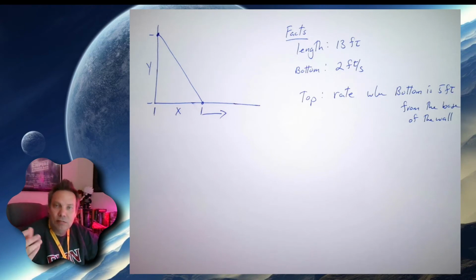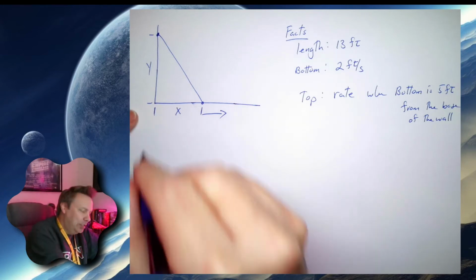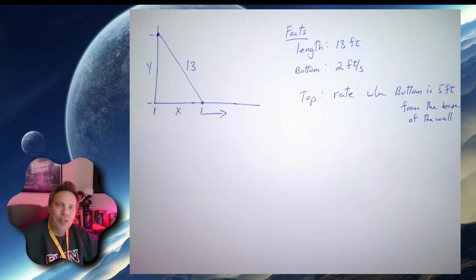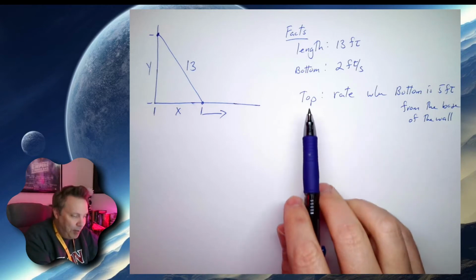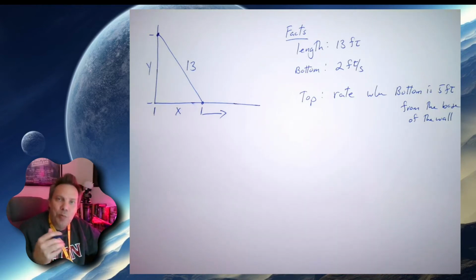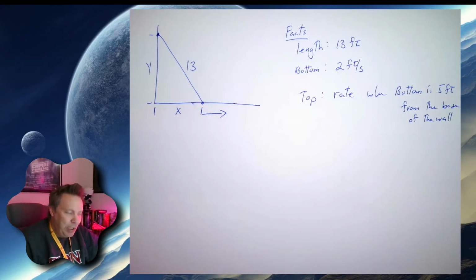What part of this triangle is not changing? Well, the length of the hypotenuse is not changing, so I'm going to label that with a 13. The goal here is to figure out how fast the top of the ladder is falling. So what's the relationship between X and Y and 13, if we can come up with one?